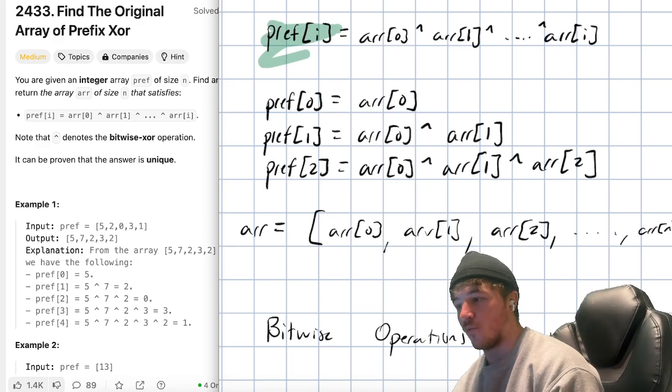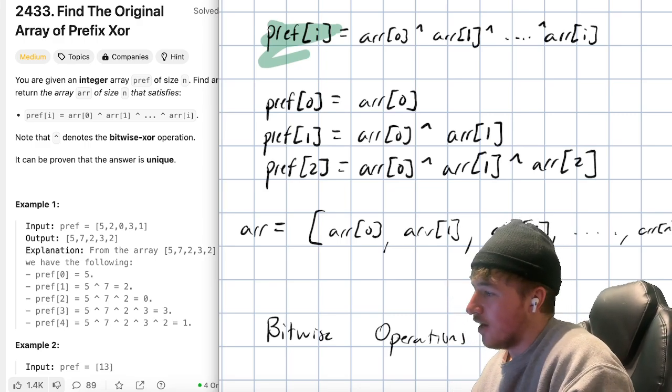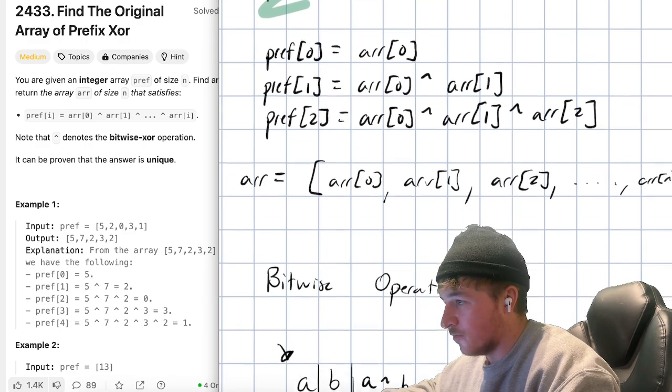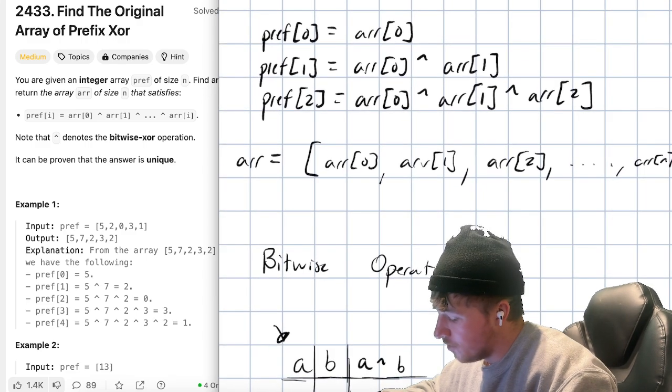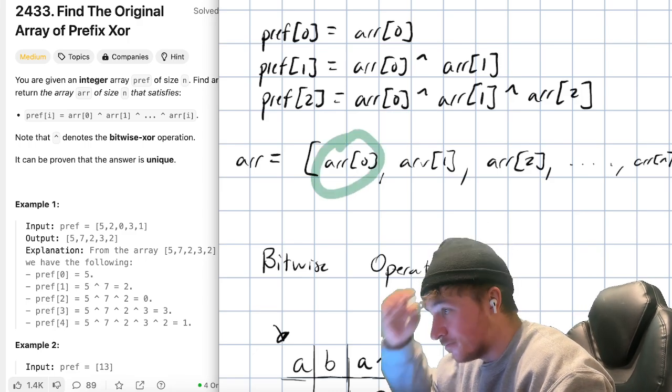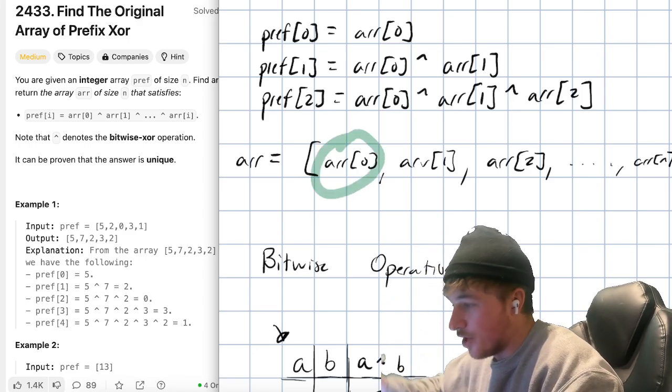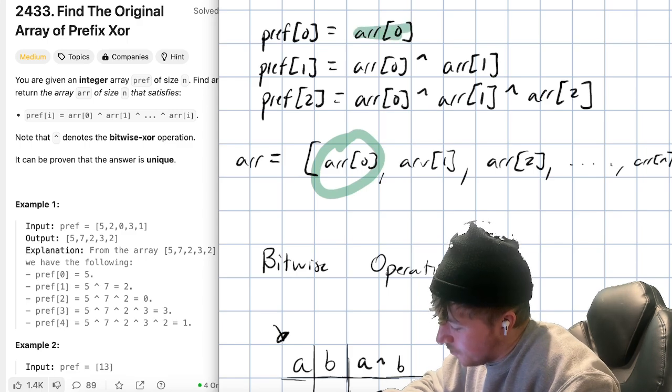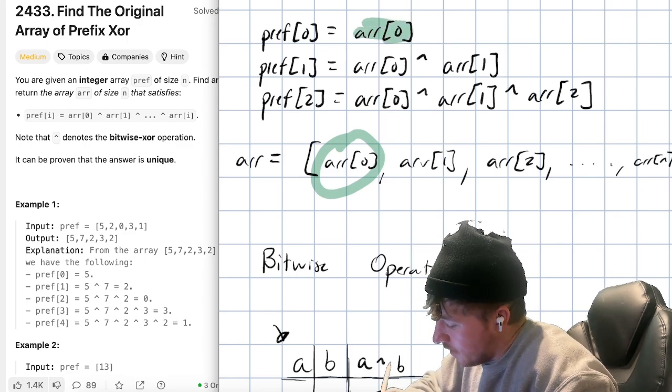Okay, so let's try to reconstruct this array, just given the information generally here. What is array 0 going to be? Well, we know already that that's here, array 0 by itself, and so that's pref 0.